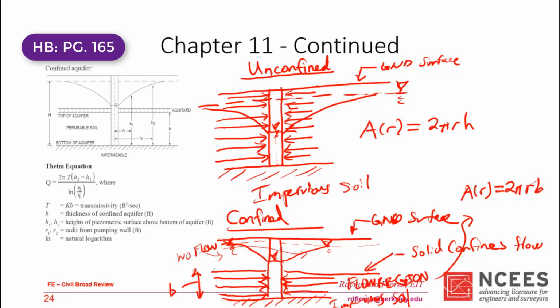And the other reason for that is because we're expecting that the water table is going to be above the solid region. I mean, if it weren't, then this equation would have to be similar to this.